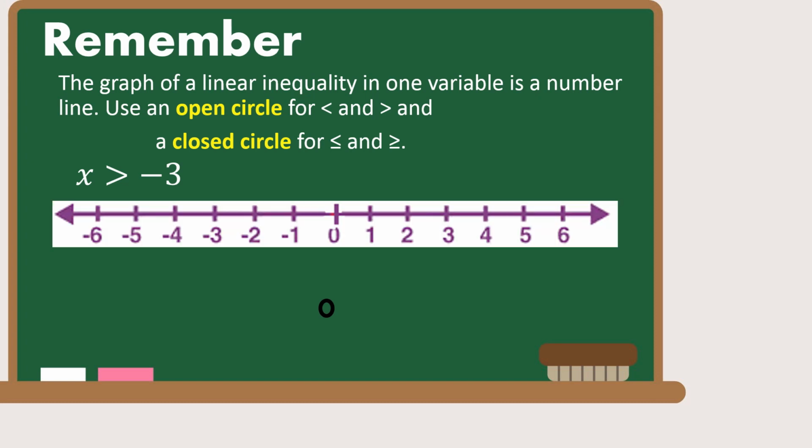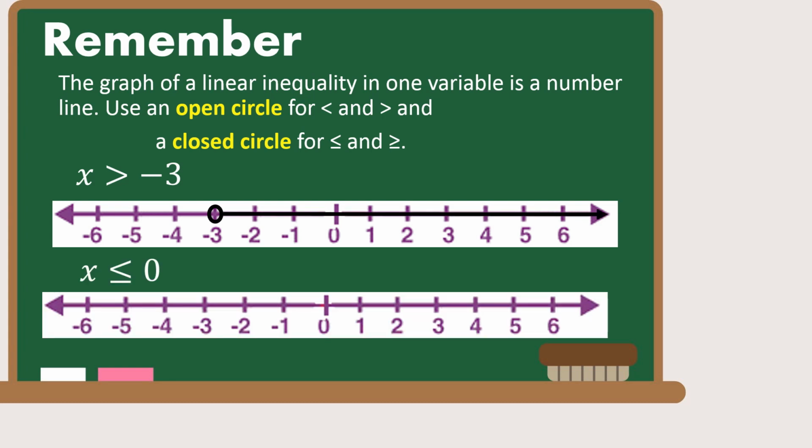After locating negative 3, we will now decide if we will use an open circle or a closed circle. Since the symbol used is greater than, we will use the open circle. After that, we will decide if we will go to the left or to the right. Since the given symbol is greater than and all the values greater than negative 3 are located to the right, we will go farther to the right.